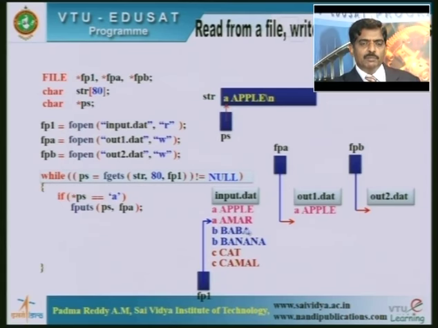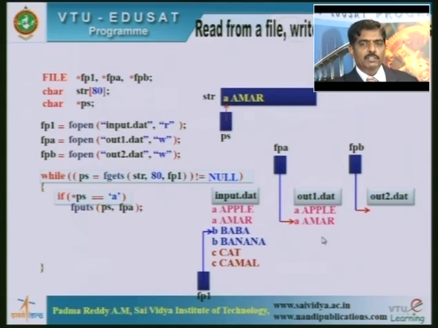So Amar is read from the file and copied into str, and the pointer is incremented automatically to the next one. Is ps pointing to A? Yes. So control comes here, and Amar will be copied into fpa.